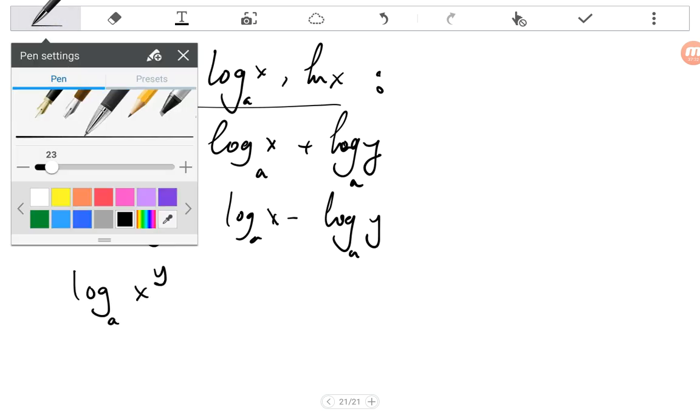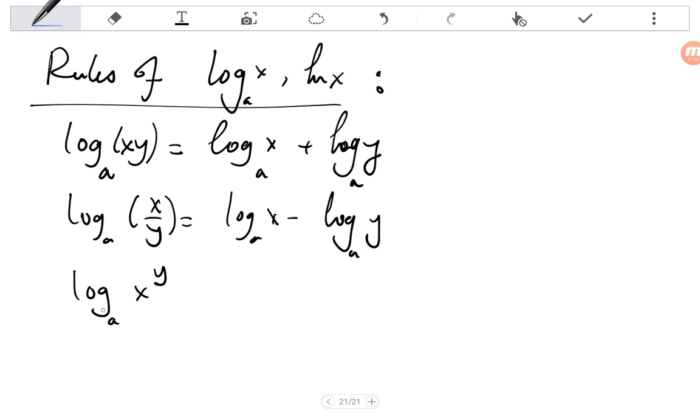There is an important rule for log base e of x power y: this y can go before the logarithmic function, so that will be equal to y log base e of x.